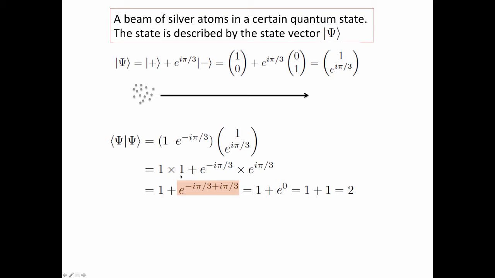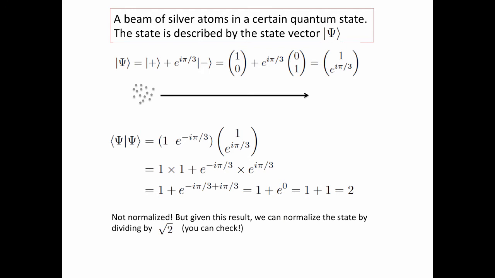The first term is clearly just equal to 1. For the second term, if we multiply together two things with exponents, the exponents just add together. So we have e to the minus i pi over 3 plus i pi over 3, which is equal to e to the 0, and anything raised to the power 0 is equal to 1. So the inner product of the state with itself is equal to 2.